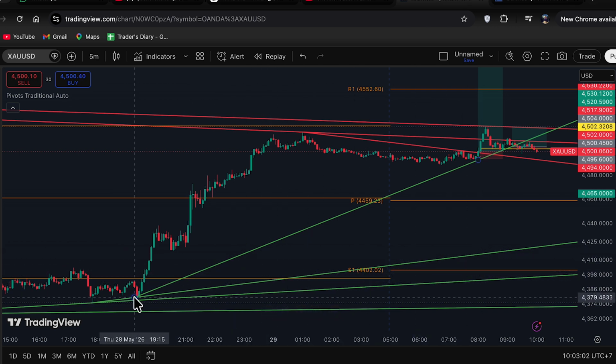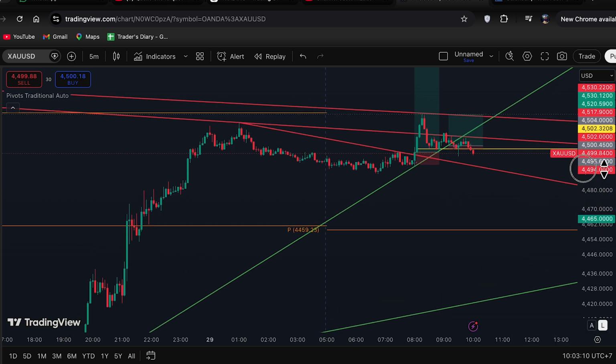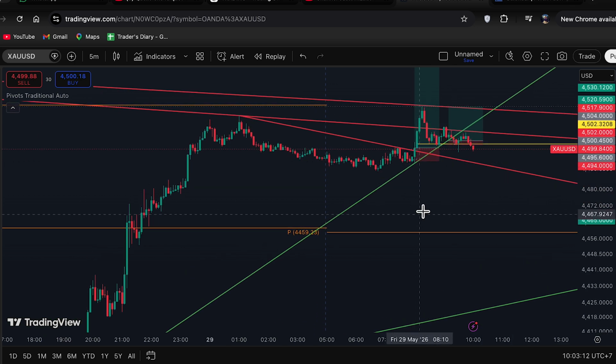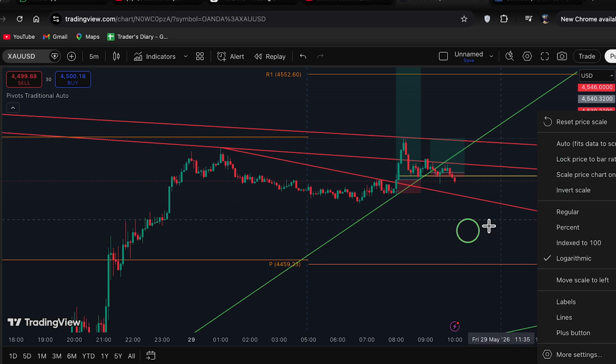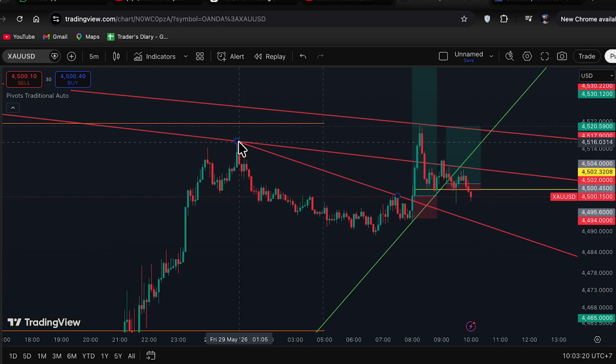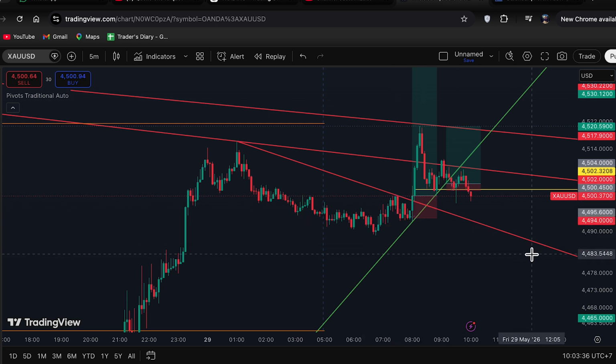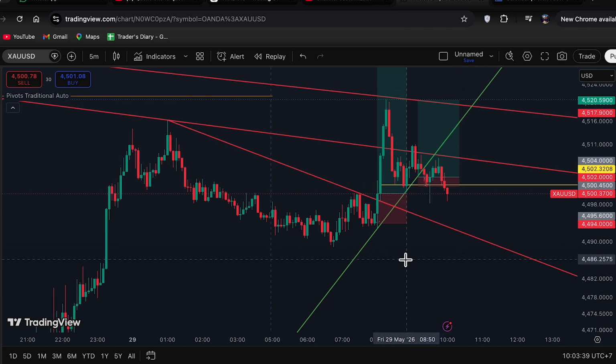I start tracing the trend line from that touch point to where the price made another touch point here, and same thing for the descending trend lines, from the last touch point to the highest high of the day, that was around 7:30.